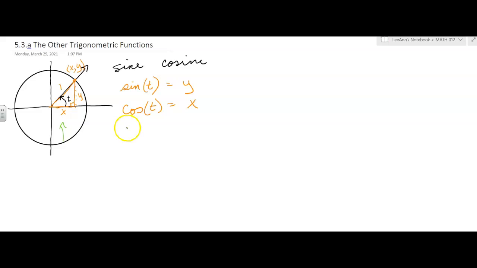So the tangent is a function spelled like that, and the abbreviation is tan of t. That is equal to y over x. So it's this side over this side, okay? And that's tangent of t, okay? Let's see, we'll continue here.